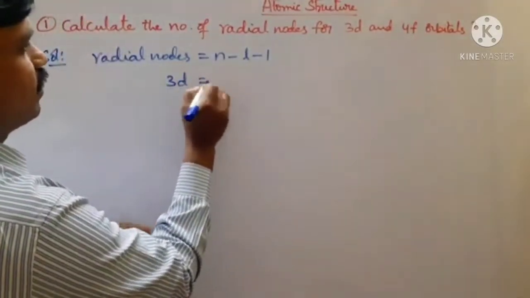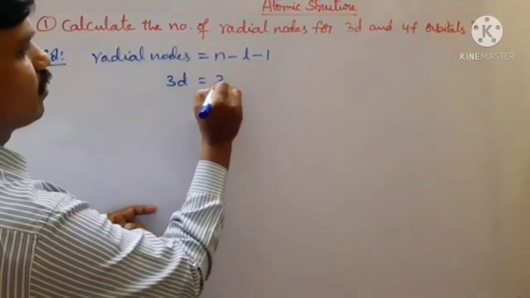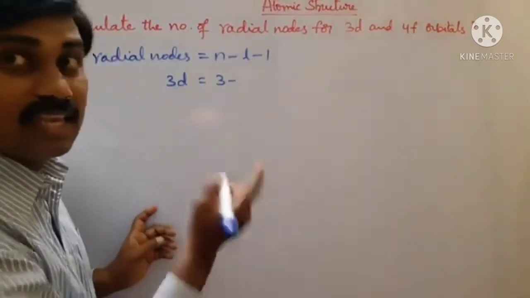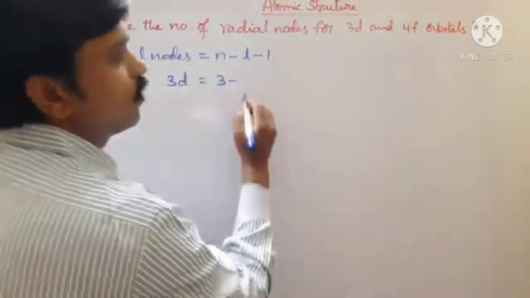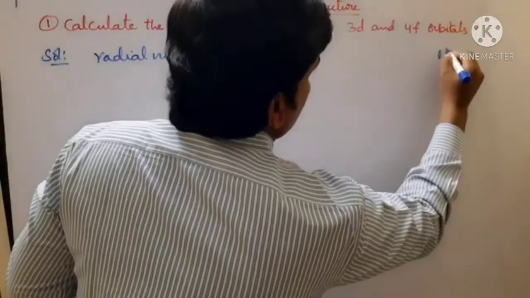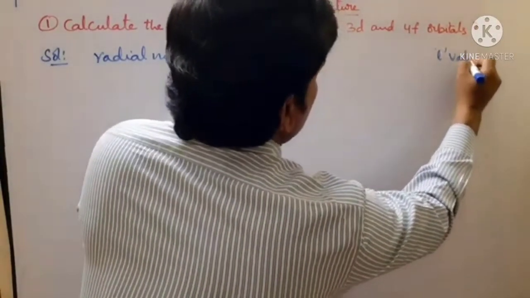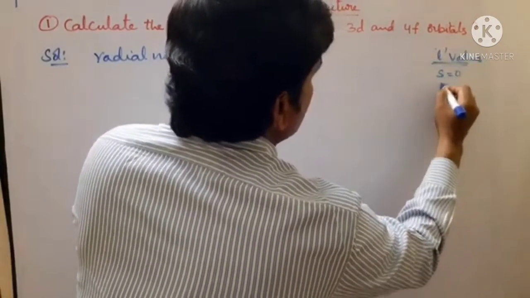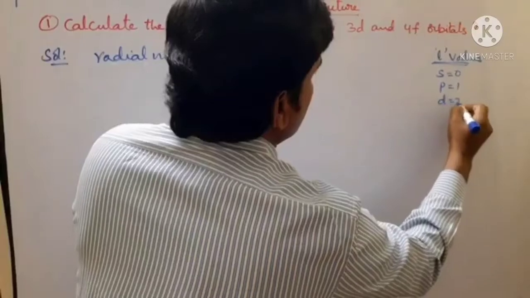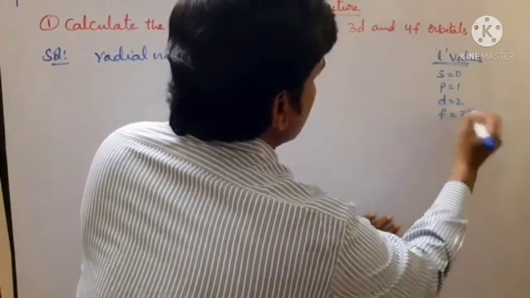For 3D orbital, n value is 3 minus, for d orbital, the azimuthal quantum number L value is 2. You know already the azimuthal quantum number L values: for s orbital 0, p orbital 1, d orbital 2 and f orbital 3.